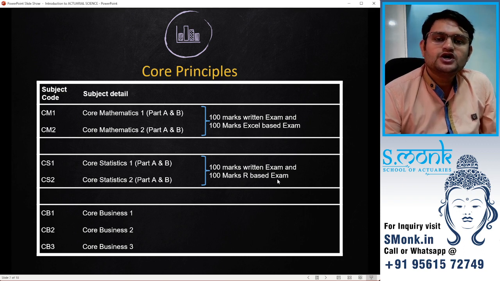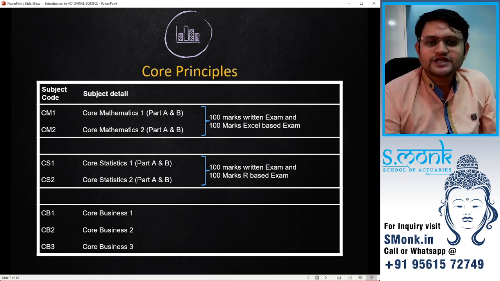R is a software that is used for statistical purposes. Whatever we learn in these subjects, we will learn how to apply it in R. In the same way, whatever we learn in the mathematical subjects, we learn how to apply in Excel.